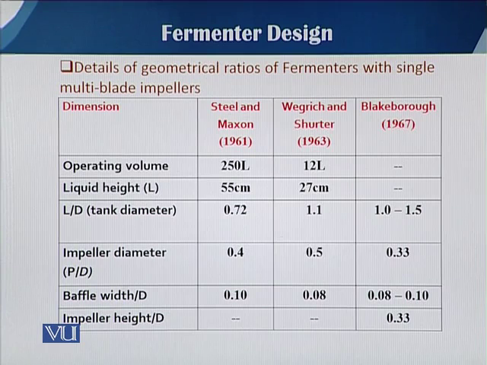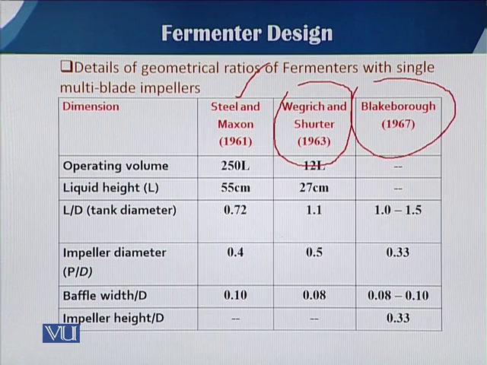One model was reported by Steele and Mohsin in 1961, the second was reported by Wagerich and Shelton in 1963, and the third, which is very famous, is the fermenter with a single impeller reported by Blackborough in 1967.